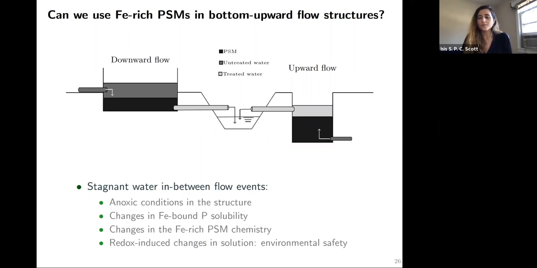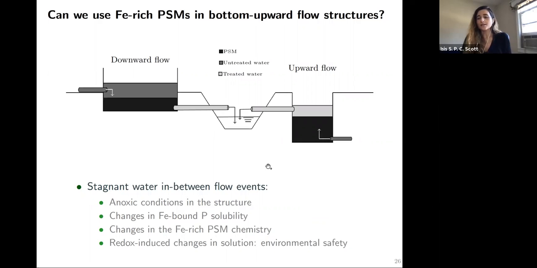Normally, phosphorus removal structures are built with a downward flow, which means that it has free drainage and gravitational flow. But the problem with this design, in the flow regime, is that we have phosphorus removal structures that have a large footprint because we can't go as deep, because we are limited to the water level of the receiving water body.